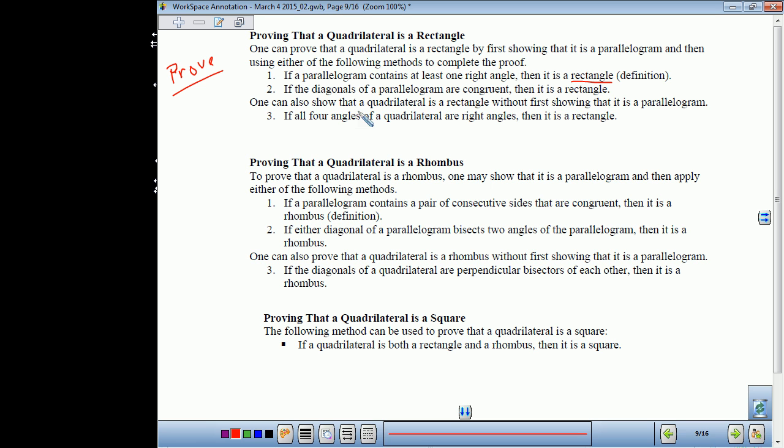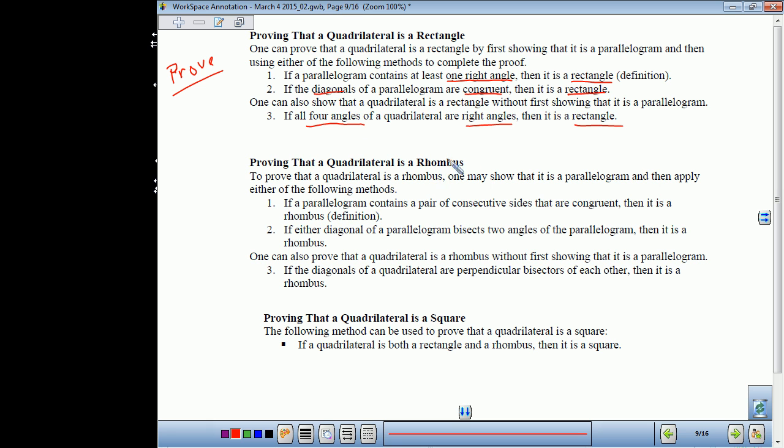Or, if we pick one of those 6 things from the parallelogram, and we show that the diagonals are congruent, then it's a rectangle. Now, if we didn't prove parallelogram, but we see 4 right angles, then automatically it's a rectangle. We don't even have to prove parallelogram. That is the definition of rectangle, a quadrilateral with 4 right angles.